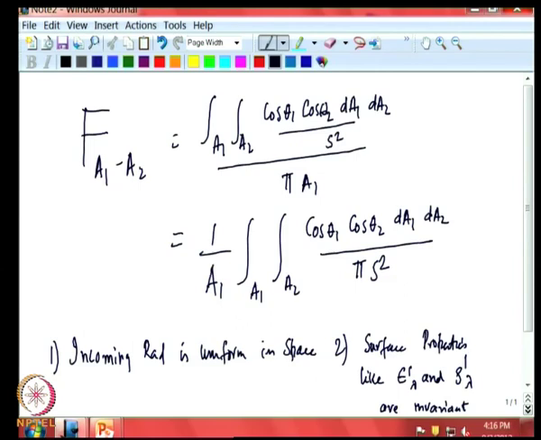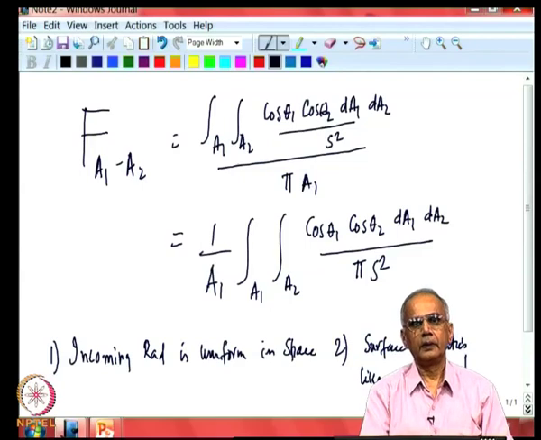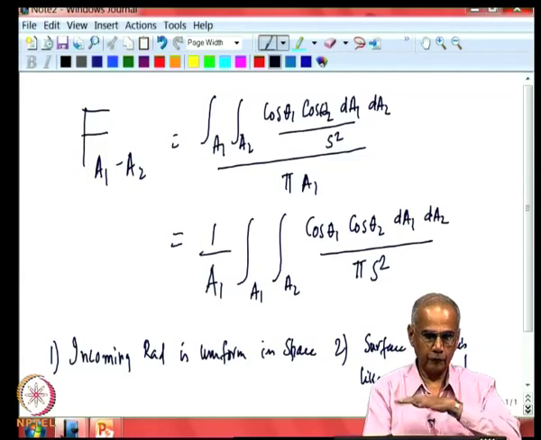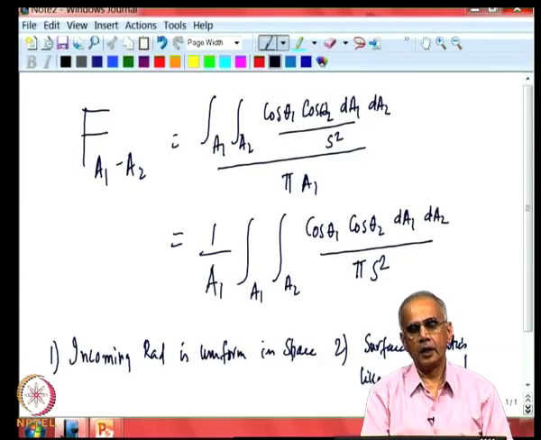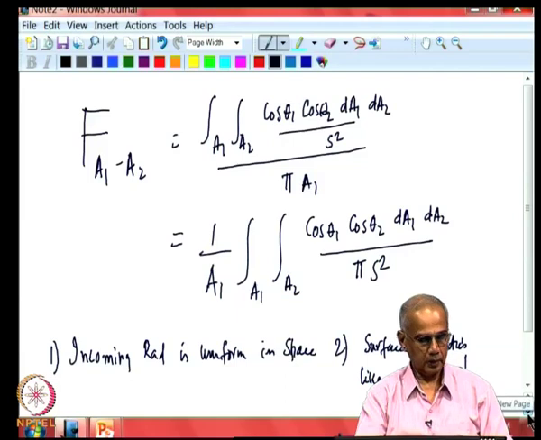So you have to keep in mind that use of the geometric configuration factor between finite areas is not always valid unless you have the additional condition that the incoming radiation is uniform spatially and the surface properties like emissivity and reflectivity do not vary in space. But if you are lucky and these are satisfied, then you can use this factor.